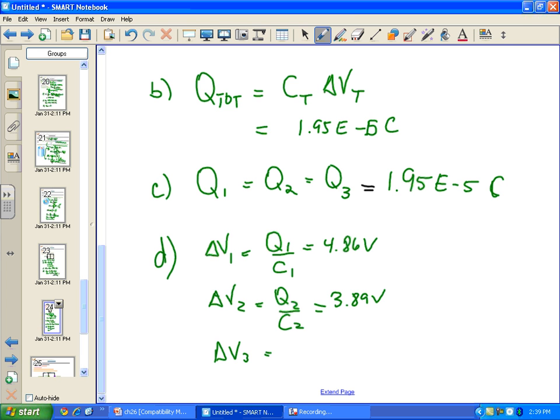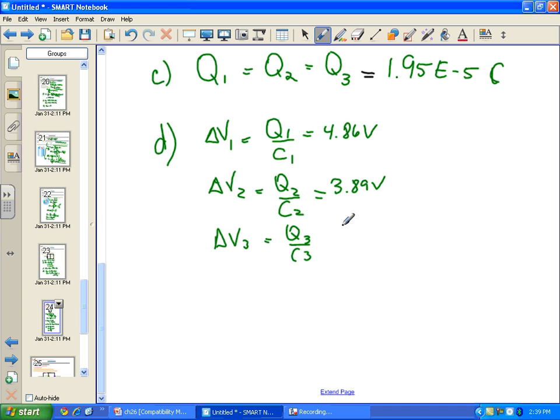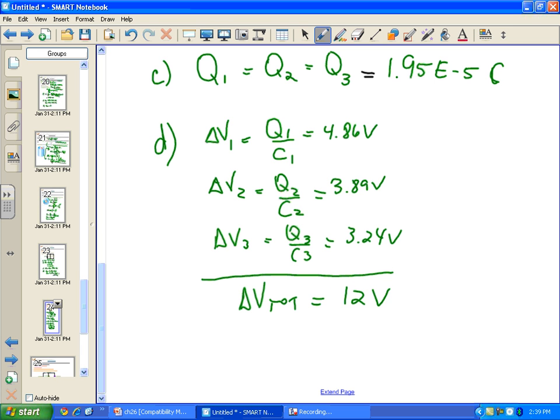Delta V3, Q3 over C3, that gives me 3.24 volts. Do these add up to delta V total, which is 12 volts? Check it out. My calculation says that they do.